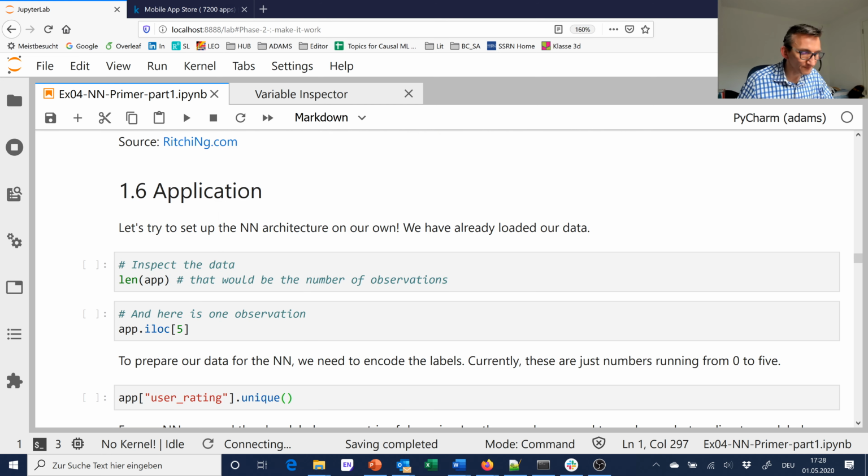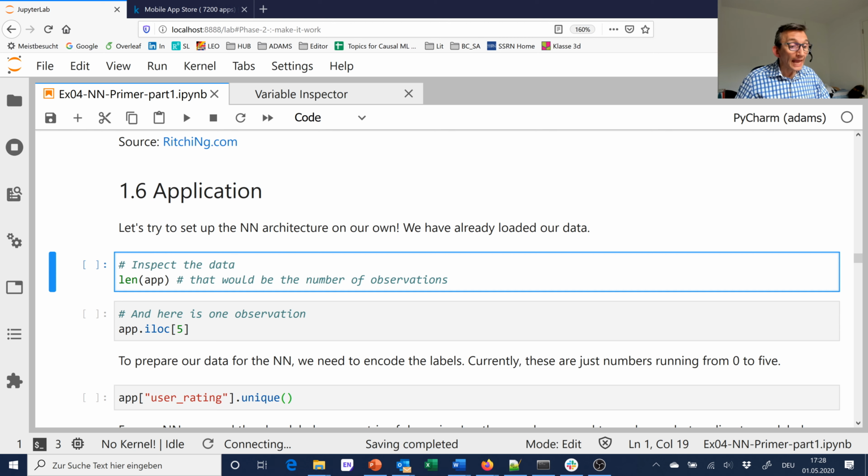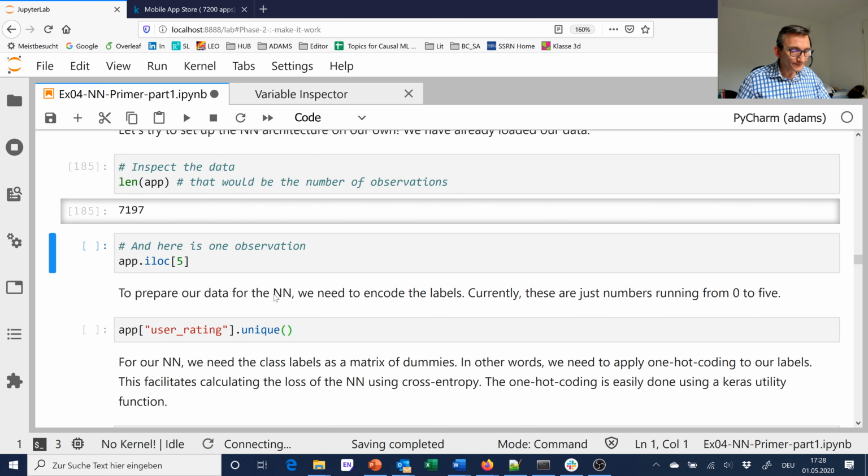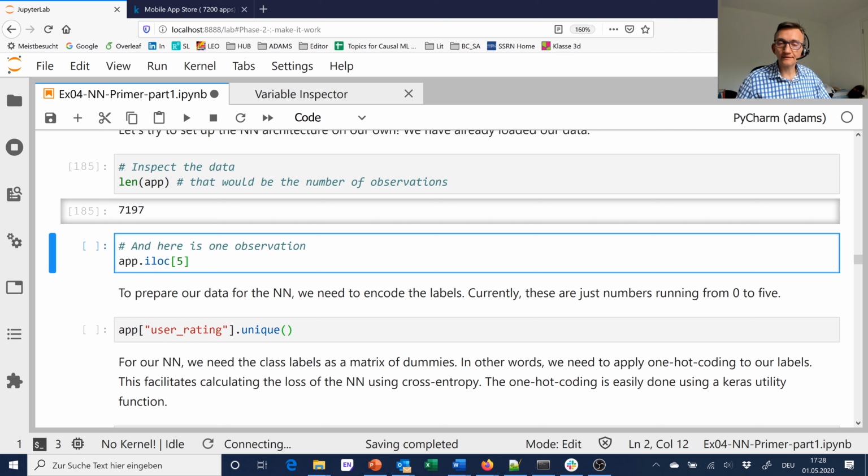Okay, time to see some more code. We have a little more than 7,000 cases in our data. We can also look at a single example. We will actually focus on a single example, very much on a single case today.